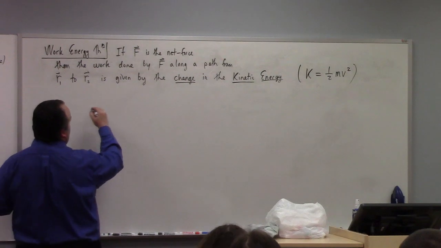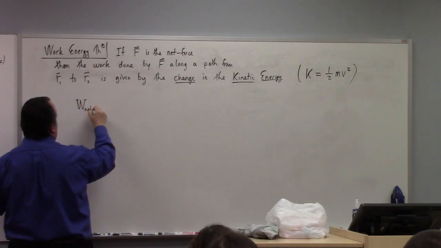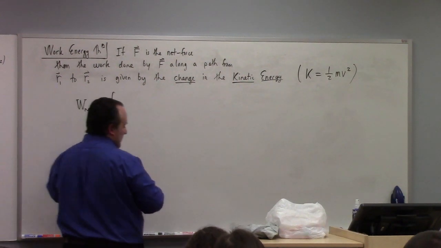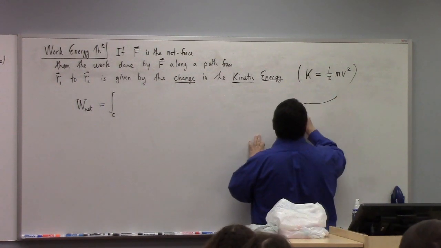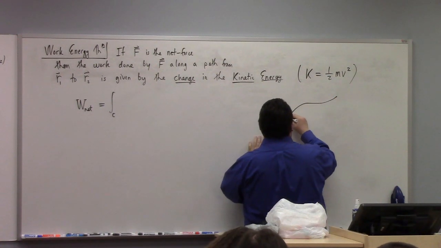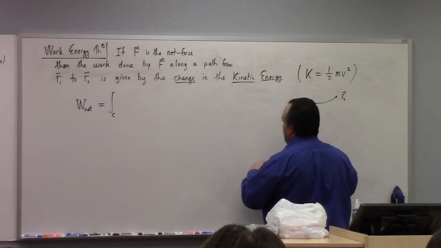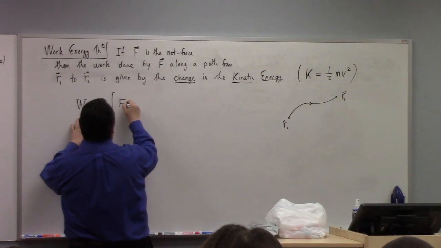But here it goes. The work done by the net force is the integral along the curve that goes from vector R, from point R1 to point R2. We're calculating the work done by the net force.